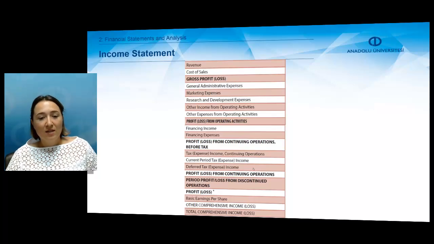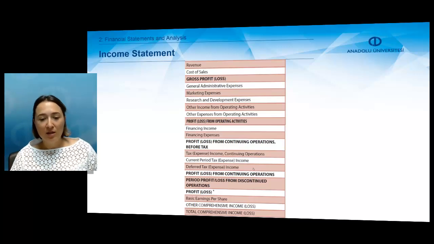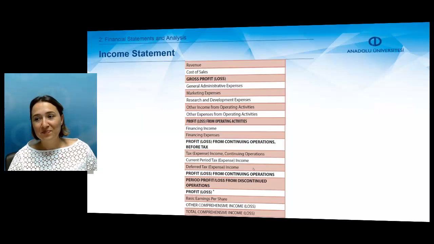And then we will see period profit or loss from discontinued operations, and we reach profit or loss. And we can calculate basic earnings per share. If we divide this profit number by the number of shares, we reach basic earnings per share. So this is a very short version of the income statement.